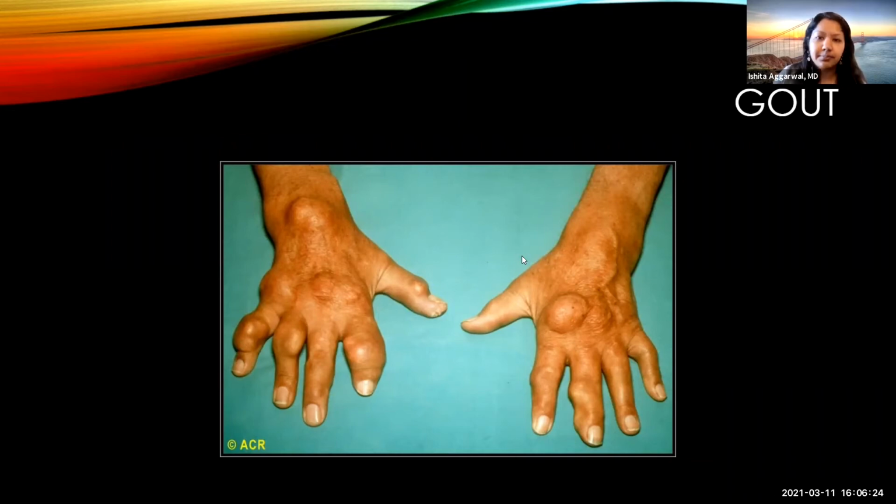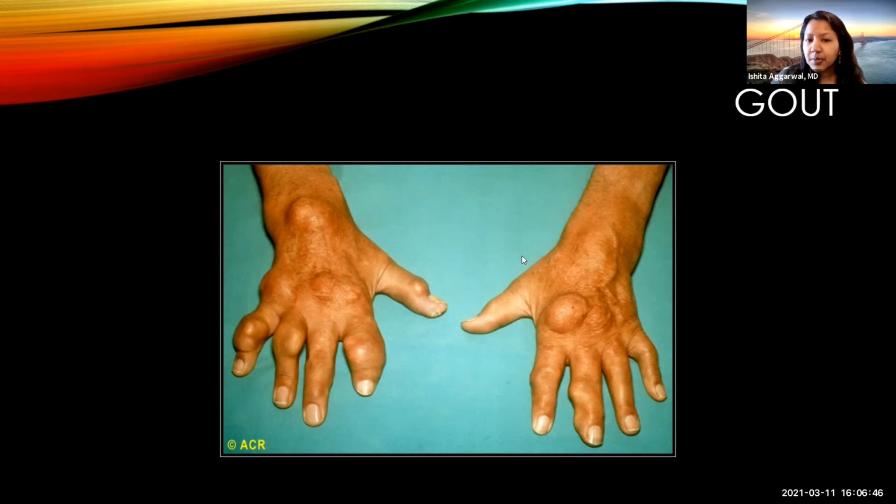Gout flares, which are attacks of severe pain involving multiple joints, can involve the big toe, ankle, knee, or joints of the hands and elbows, where the joints are very hot and swollen, and more than one joint may be affected at a time. Gout flares tend to occur more commonly at night.